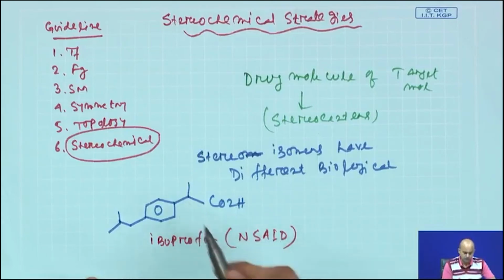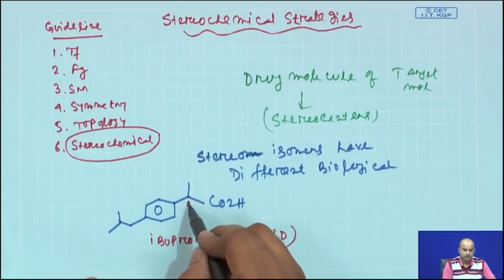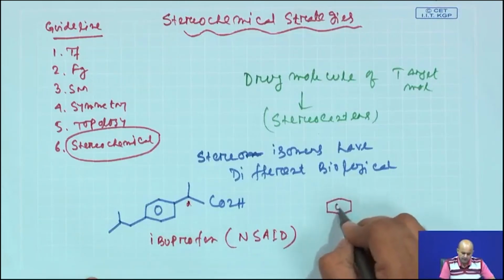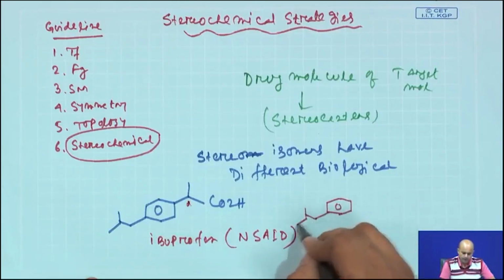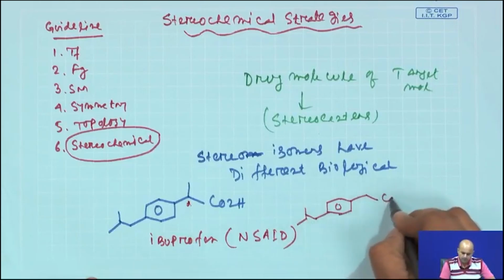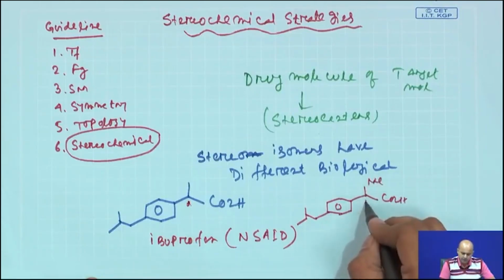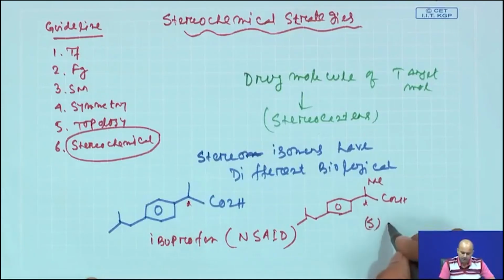And if you see the structure, this compound has a stereocenter here, and in reality the S isomer of ibuprofen has the main biological activity. The S enantiomer is the active form. The R isomer is basically inactive.